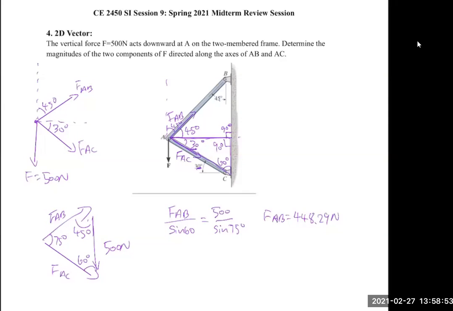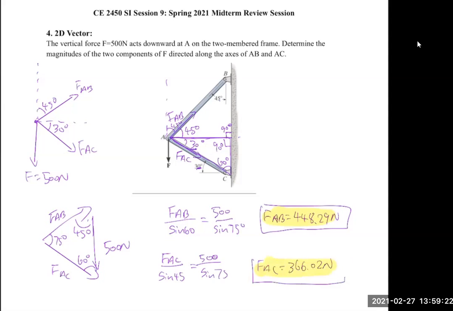Okay, and then we're going to do the same thing for FAC. FAC over its opposite angle, sine 45, equals 500 over sine 75. Then FAC equals 366.02 newtons. Okay, so this is the answer to this problem.